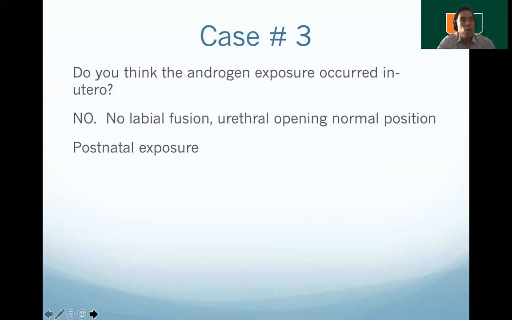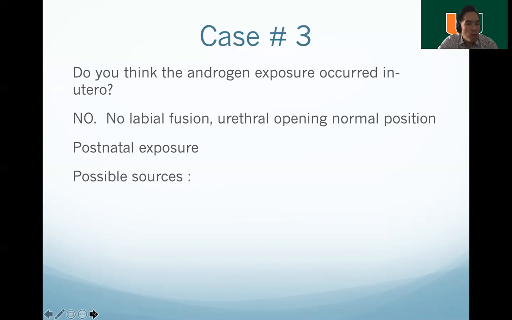So now you understand better: when I see signs of androgen, I often look for whether this is in utero or postnatal. This case is probably postnatal, because there's no labial fusion and the urethral opening is in the same position. Just the pubic hair and some clitoral enlargement.